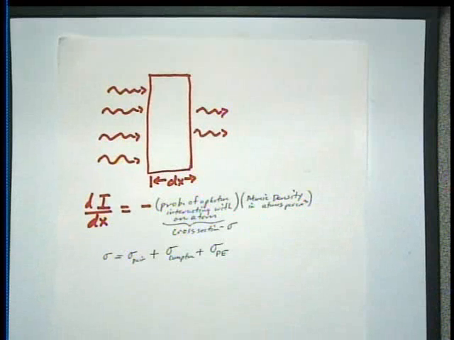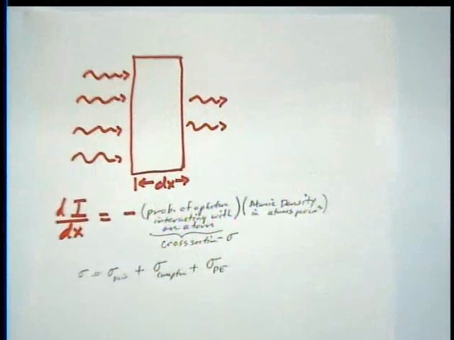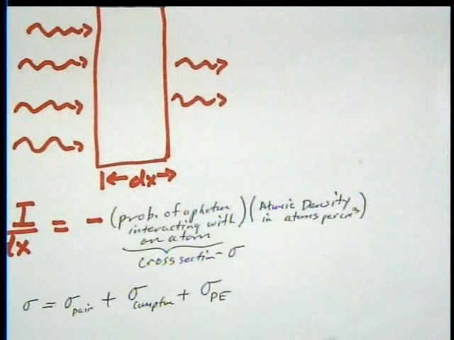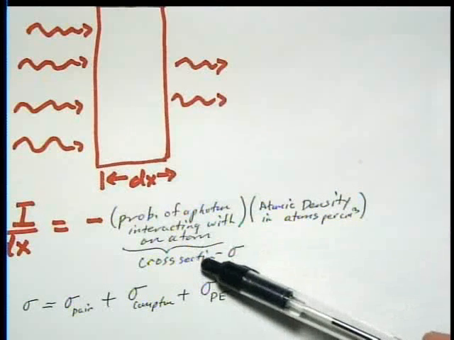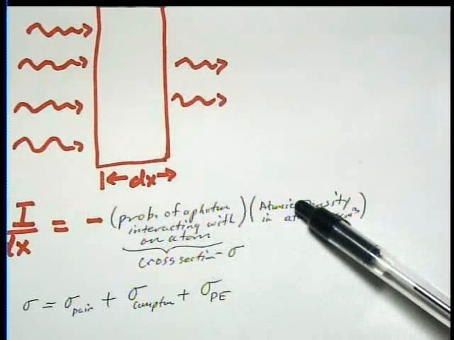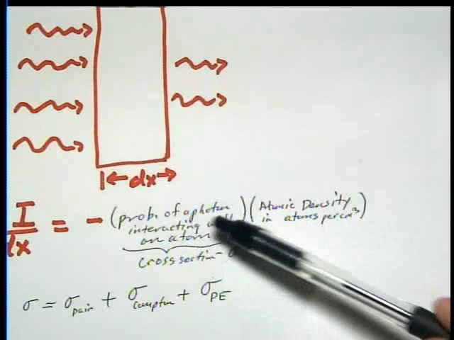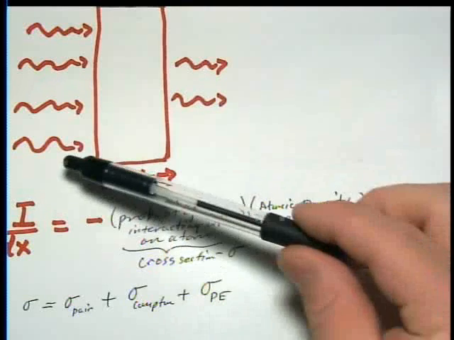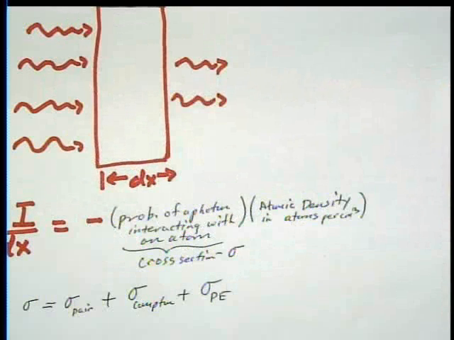So it's usually in atoms per cubic centimeter that's done, not in atoms per meter cubed. So that's the probability that a single photon interacts with a single atom. When you multiply by that, that's the probability a single photon interacts with all of these atoms. And one more, there's more than one photon. So you need to account for the intensity of the light.